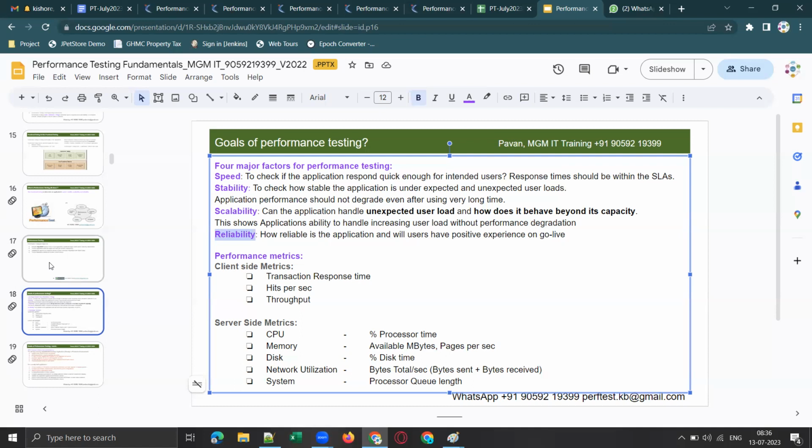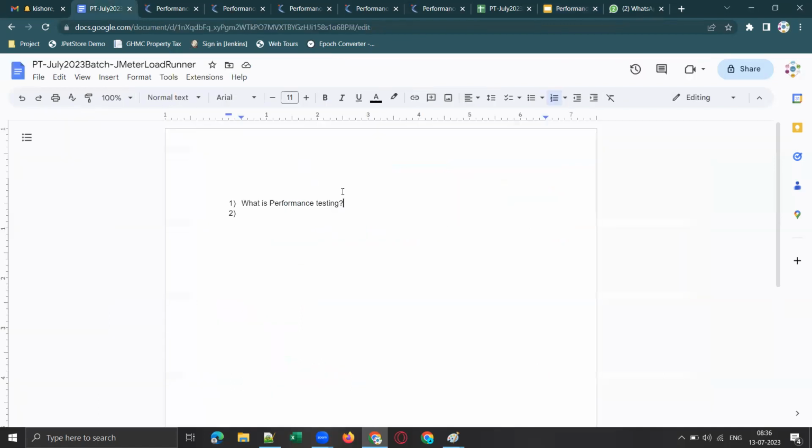So when someone asks you what is meant by performance testing, your answer should be something like this. What would be your answer now? Performance testing is non-functional testing. Performance testing is shortly called PT.